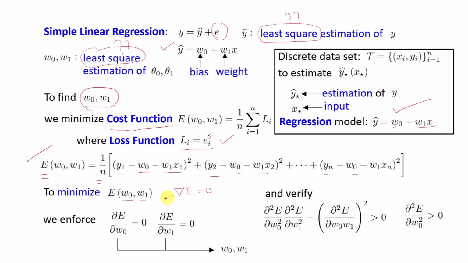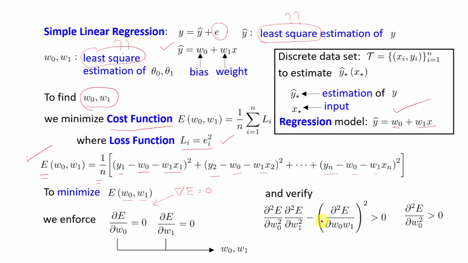So when I enforce this, I have to enforce del E del W0 equals 0 and del E del W1 equals 0. It will give me two equations. If I solve these two equations, I'll get the value of W0 and W1. At the same time, this gradient 0 does not necessarily mean that E will be minimum at that point. It could be a maximum. It could be a saddle point as well.